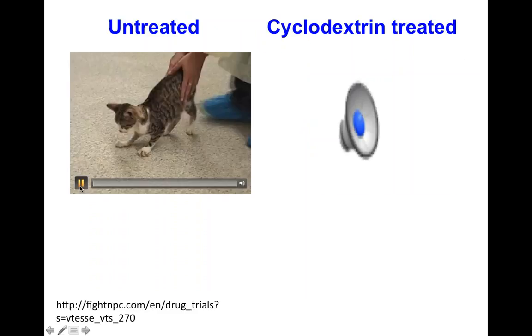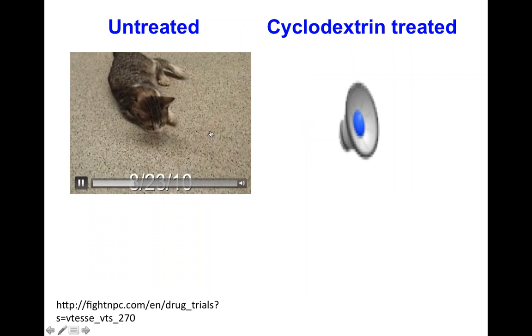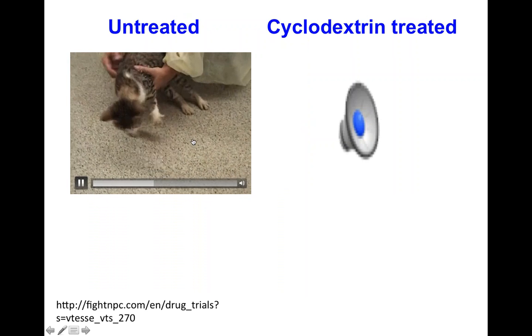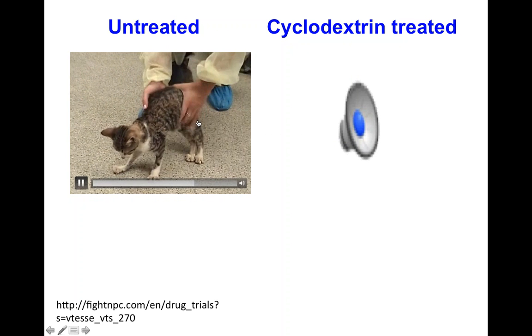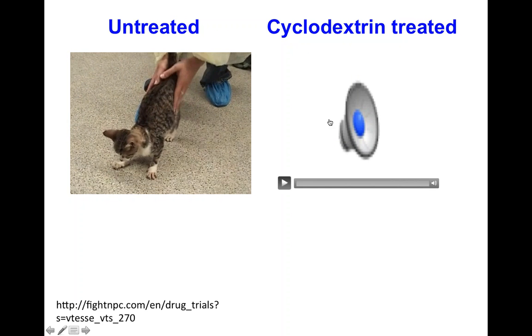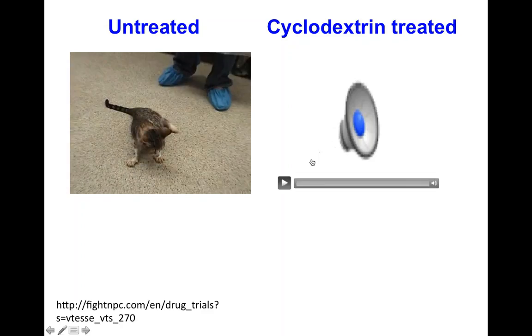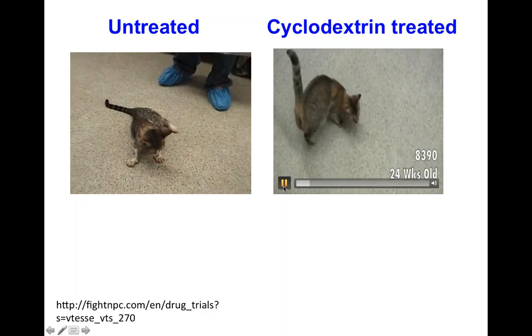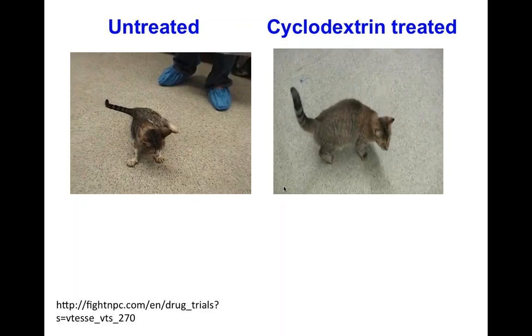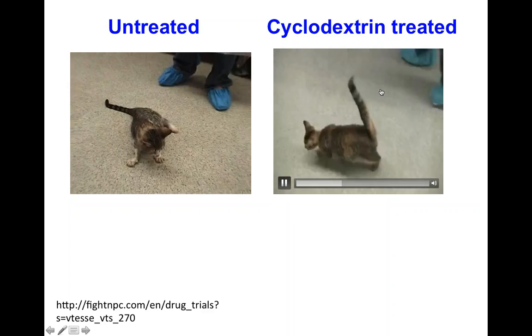One drug which has reached clinical trials is cyclodextrin. This is an untreated cat that has absence of Niemann Pick Type C1 protein. It also has the same ataxia and shaky features. People in the Niemann Pick field have figured out that a small molecule called cyclodextrin, which in the pharmaceutical industry has been used as an excipient for solubilizing different drugs, by itself has a tremendous effect.